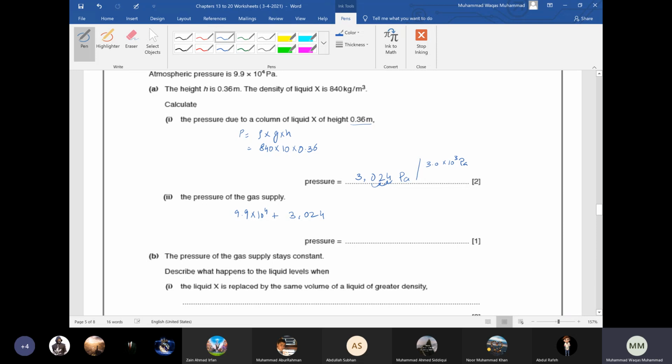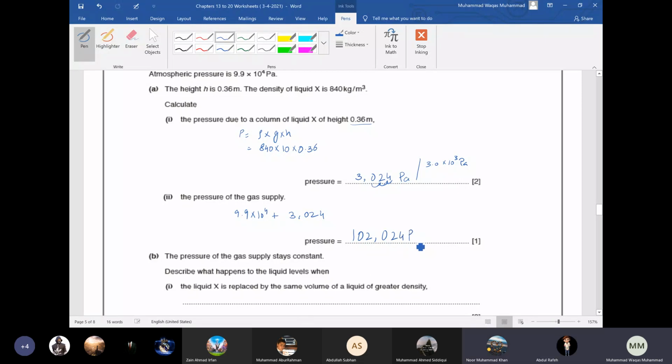When you add this, what do you get? Sir, 102,024. Right?